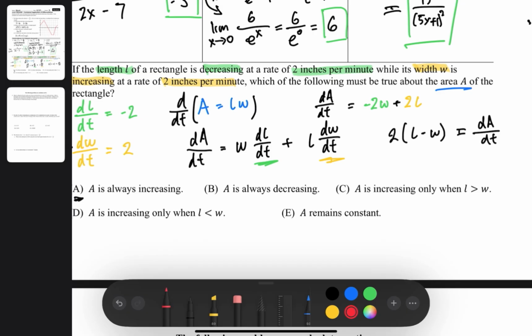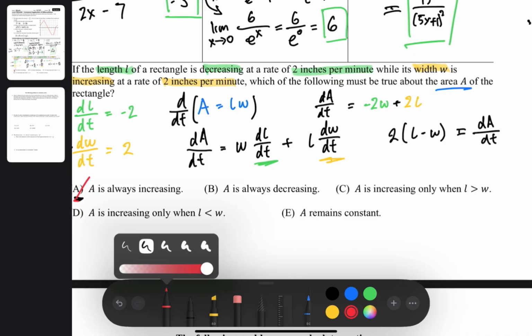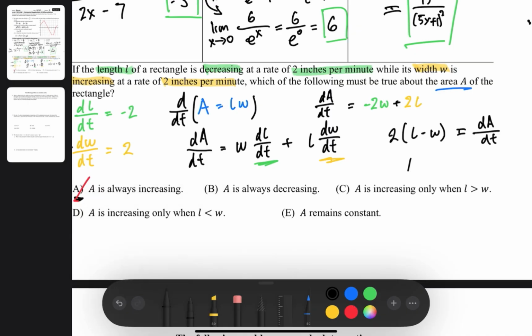So A is wrong. B, the area is always decreasing. Well, if L is bigger than W, then this would be positive, and dA/dt would be increasing. So this is also wrong.